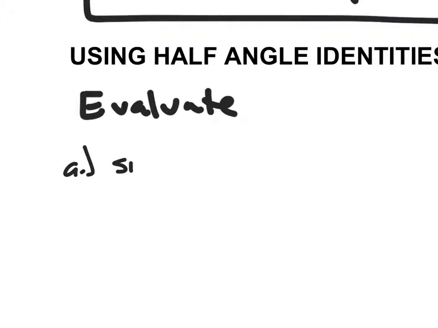Okay, so when we're looking at this, you're going, wait a second, I don't have anything on the unit circle that allows me to do this. But what we can do is rewrite this.